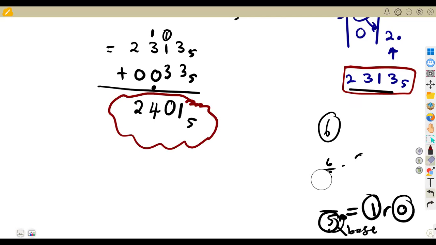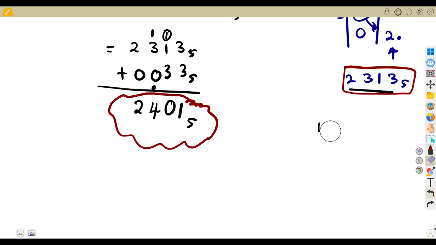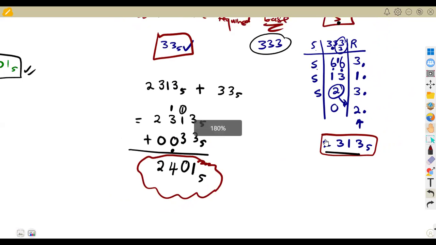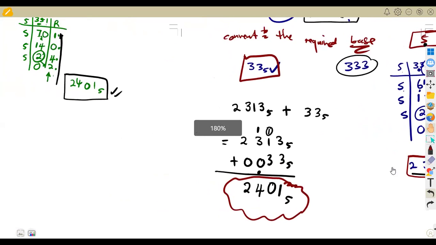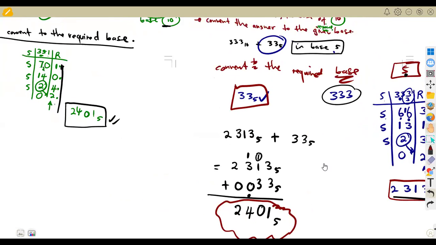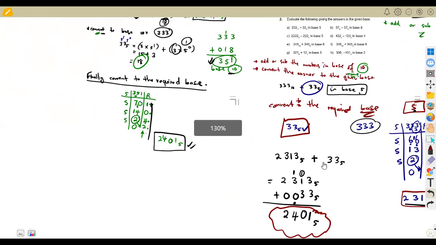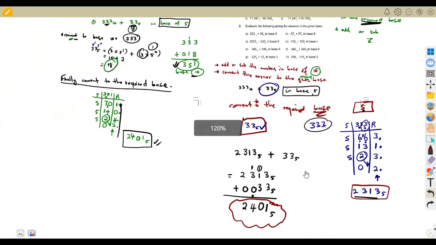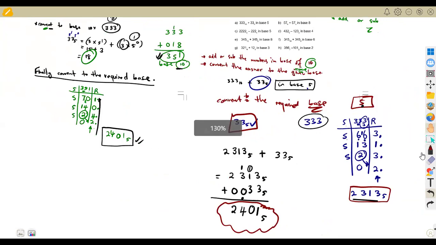So these are the stages that you can take. It's up to you which method you are going to take, but as you can see, we are obtaining the same thing. Are you going to convert your numbers like this, to the base of 10, then finally convert to the required base?